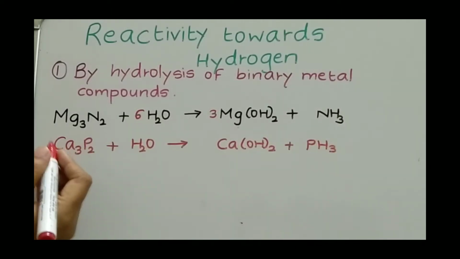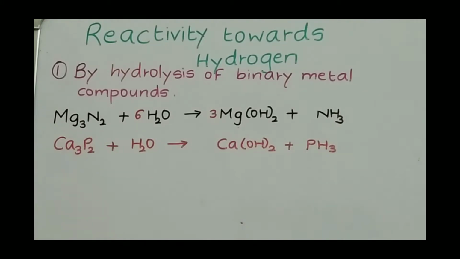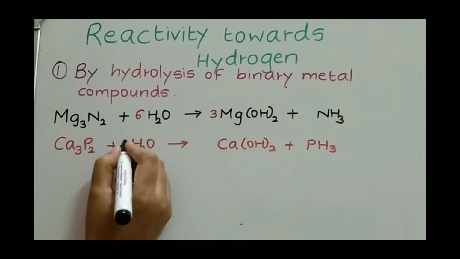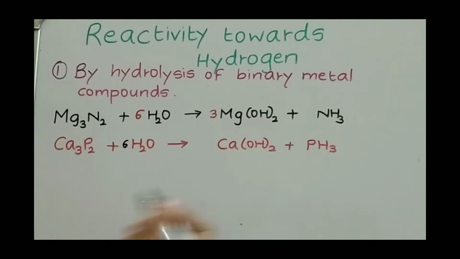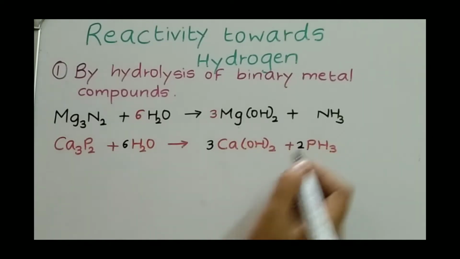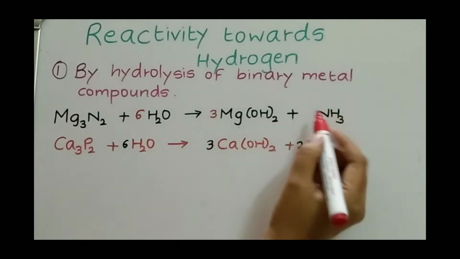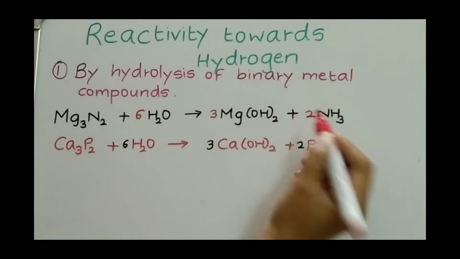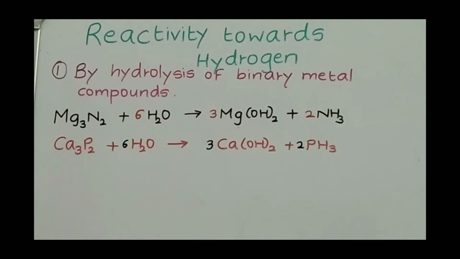In the same way, positive radical to negative radical will form a bond, and check the formula by the crisscross method. Balance the equation. So I will write here 6 H2O and 3 calcium hydroxide and 2 phosphine. In the previous one also it is 2 nitrogen, yes, correct.